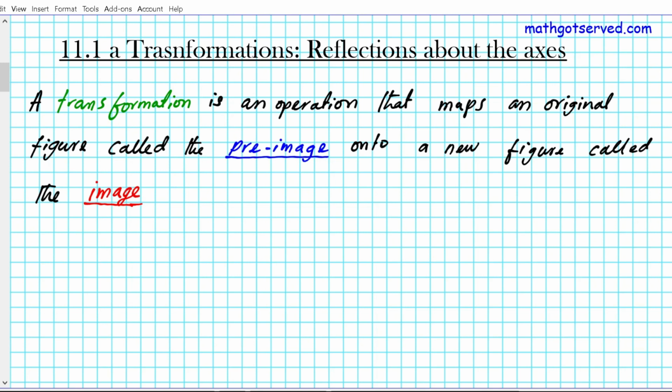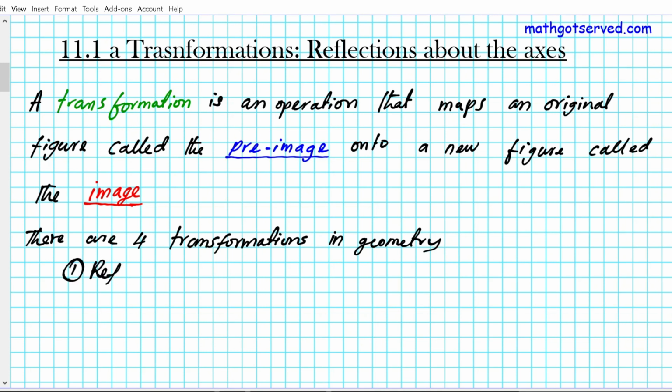All right, in geometry there are 4 types of transformations that we're going to be covering, and I'm going to specify them in order. The first one is reflection, the example I gave with a mirror.